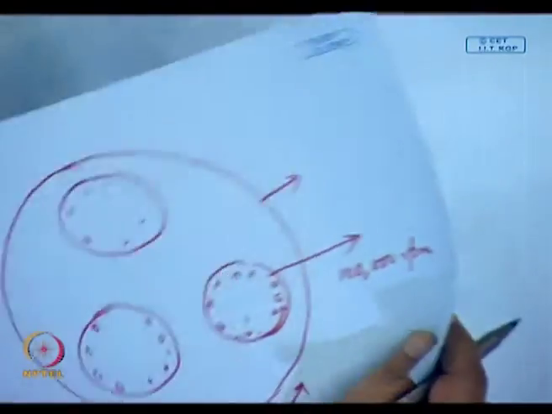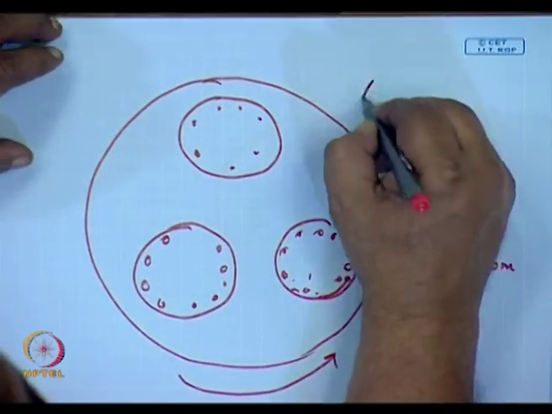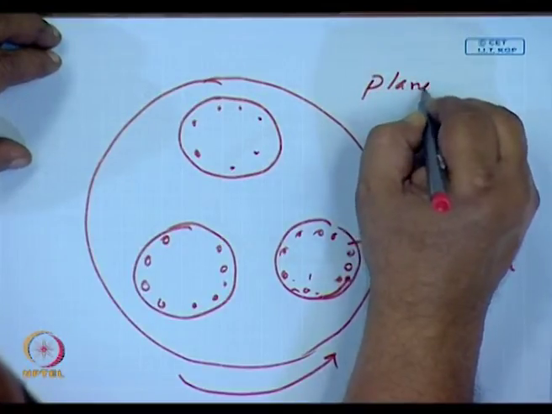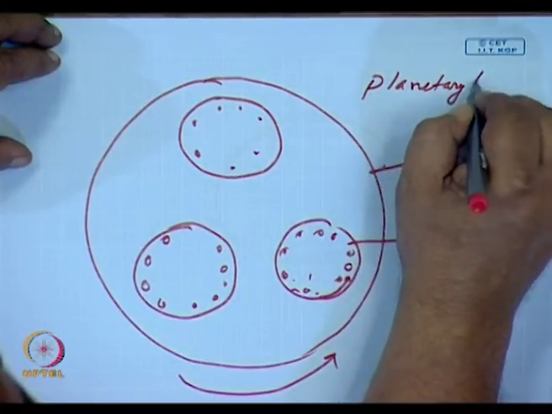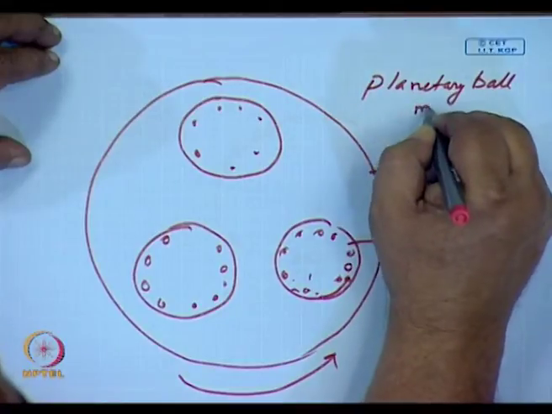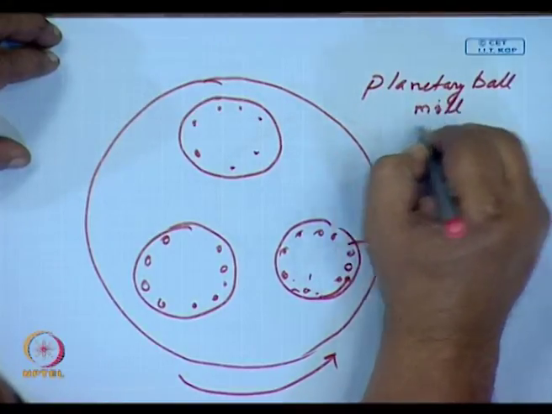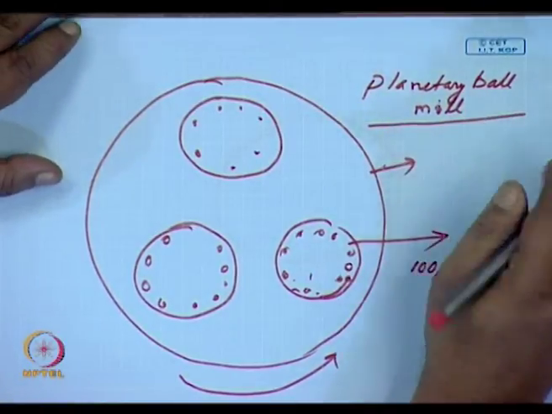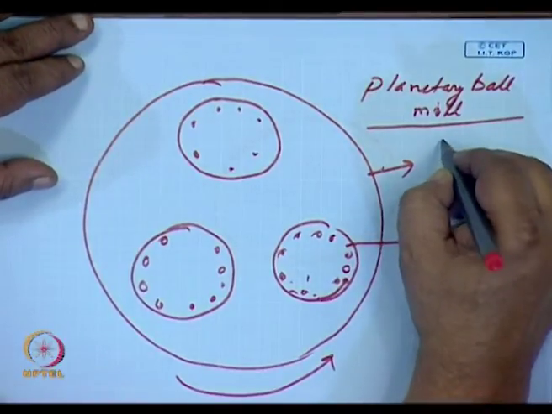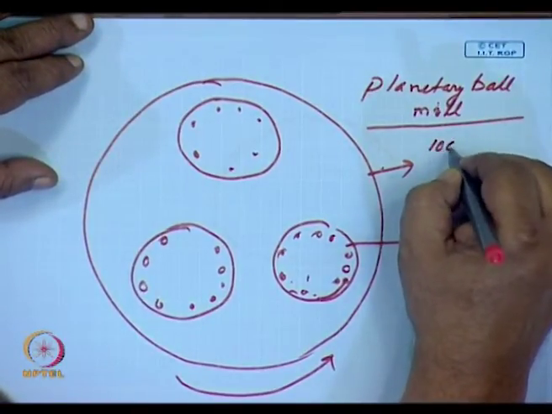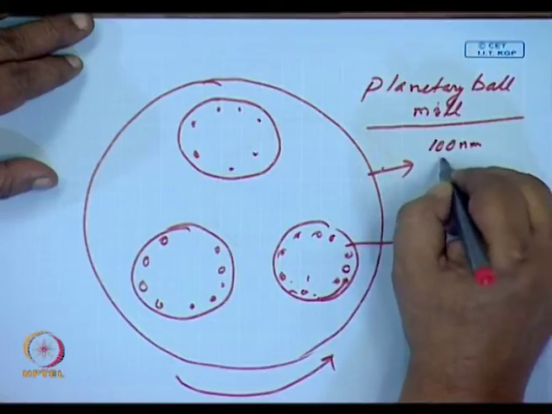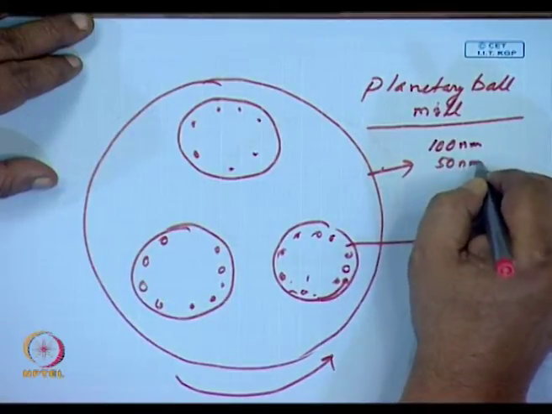They would go into the ground powder itself. And here, using this planetary ball mill, we can produce powders which are as fine as 100 nanometers or even 50 nanometers.